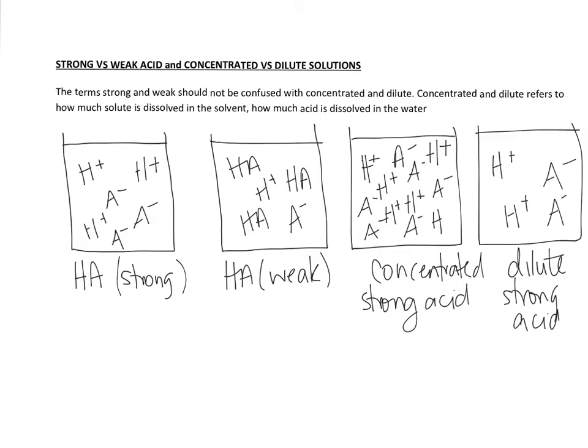So strong versus weak talks about your amount of ionization, how much of it forms ions, and concentrated versus dilute talks about how much solute is actually dissolved in the water.